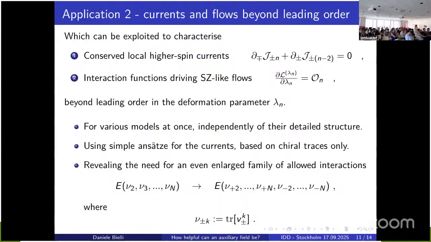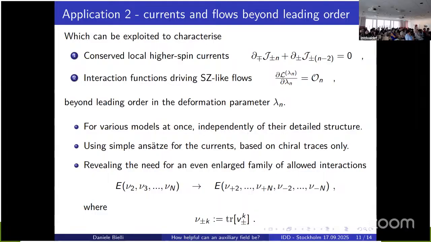And this type of analysis also reveals another interesting property, which is that these variables nu2, nu3, nu_n that I mentioned earlier, which extend naturally the interaction function nu2.